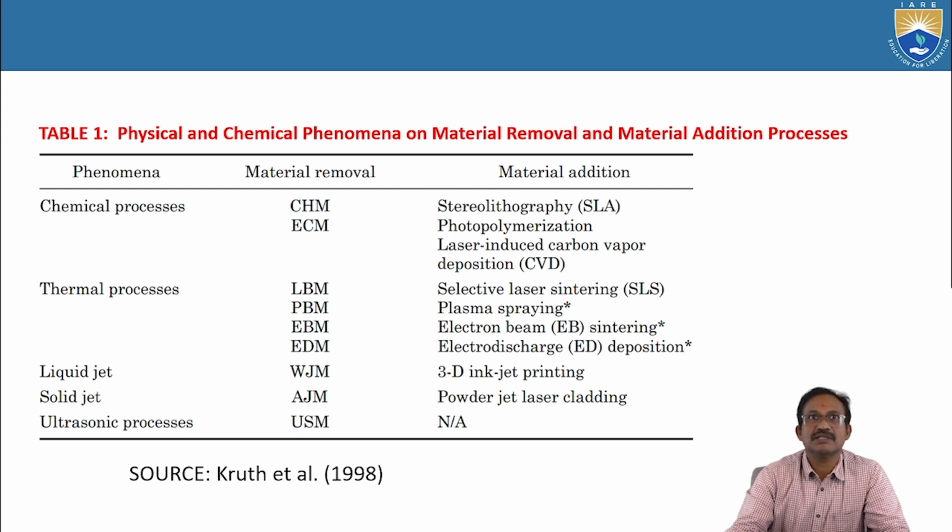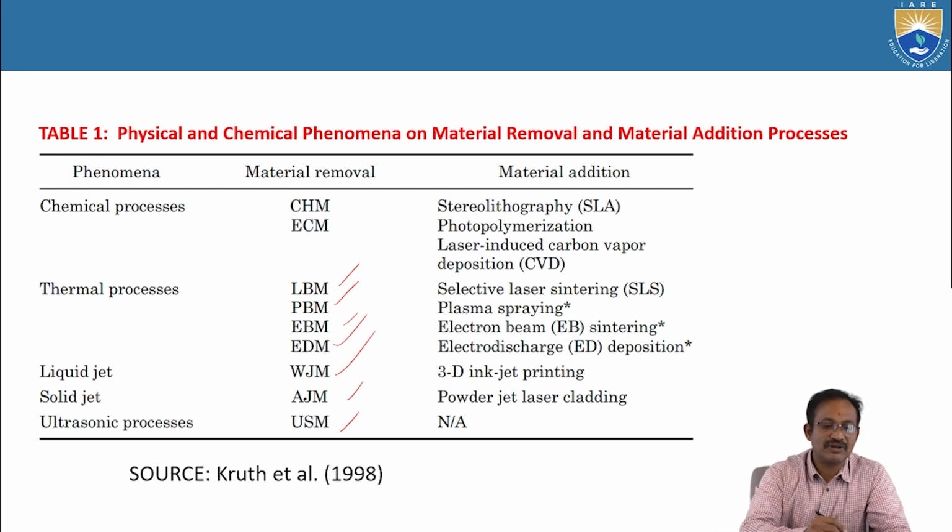Chemical processes, thermal processes, liquid jet, solid jet, ultrasonic processes. So far we have discussed these in the previous presentations. Material removal is by chemical milling, electrochemical milling, laser beam machining, plasma beam machining, electron beam machining, electro discharge machining, water jet machining, abrasive jet machining, ultrasonic machining.